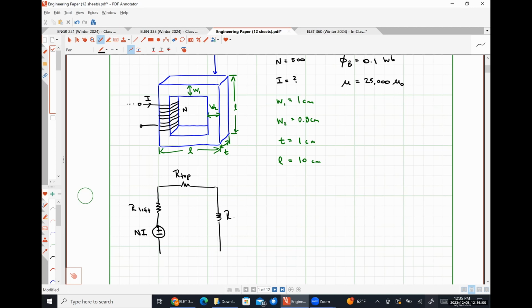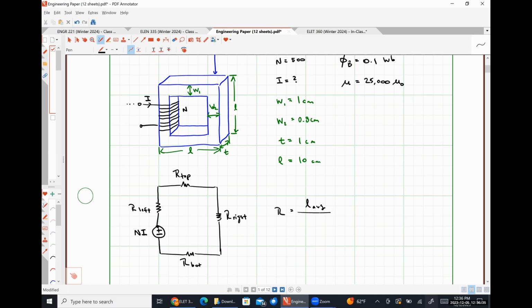Over here, I have the reluctance of the right leg. And down here at the bottom, I have the reluctance of the bottom leg. So we know that reluctance in general is equal to length average.